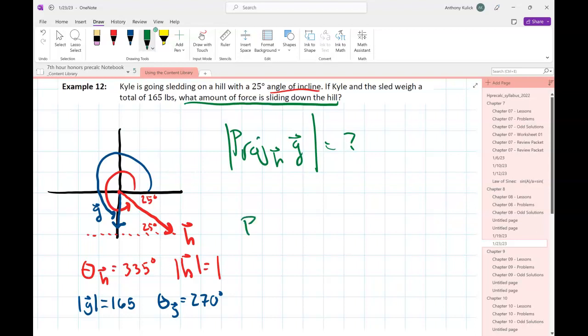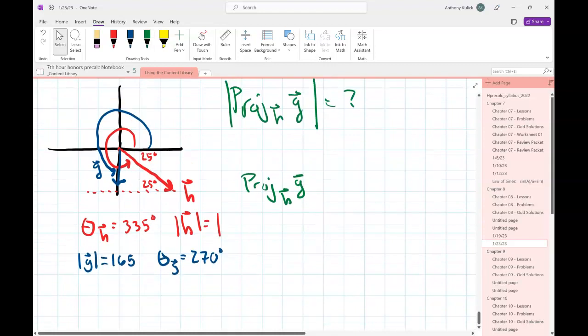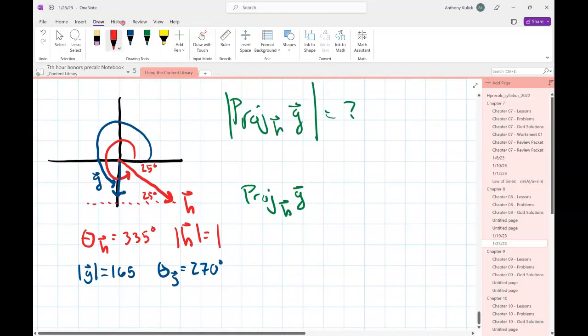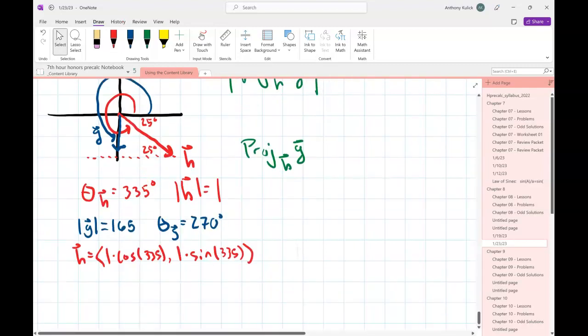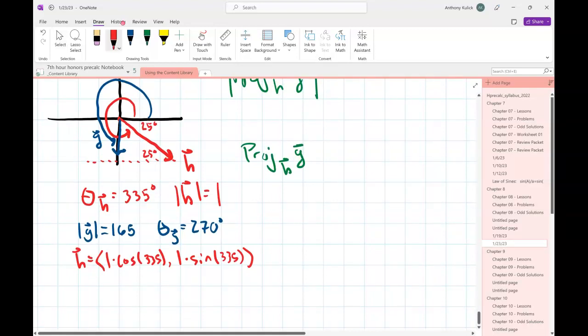Okay, so let's do that projection. Before I do that, though, I should resolve these vectors, right? Well, the hill vector is going to be 1 times cosine 335, 1 times sine 335, just magnitude times cosine or sine of the angle.